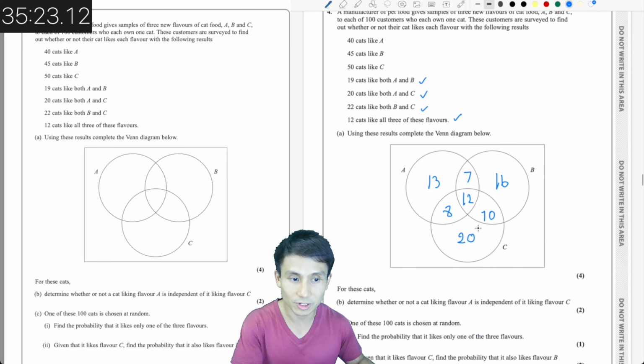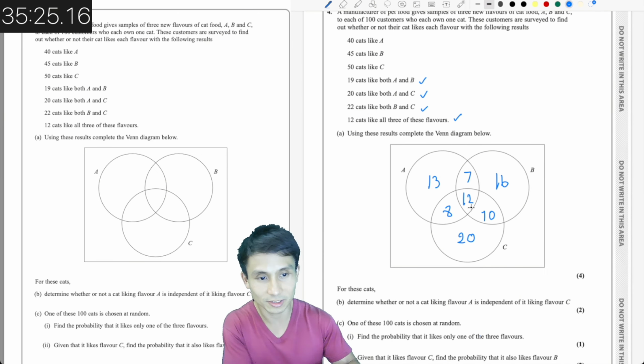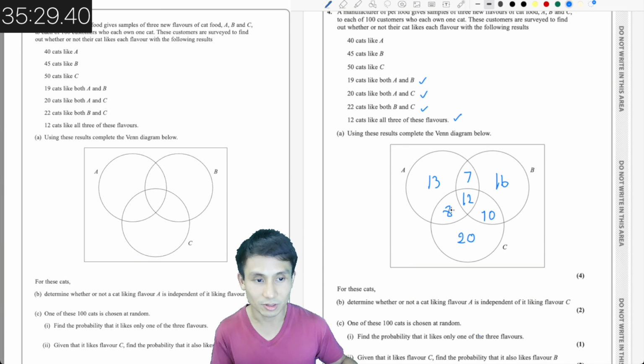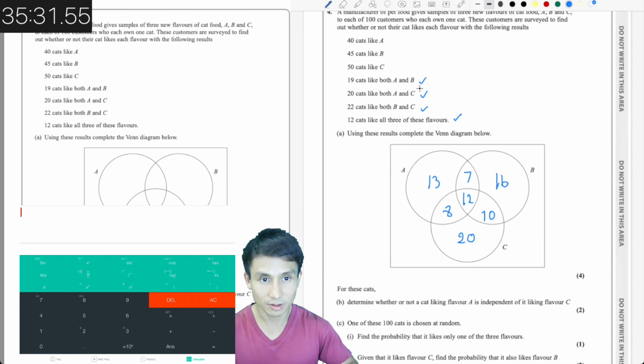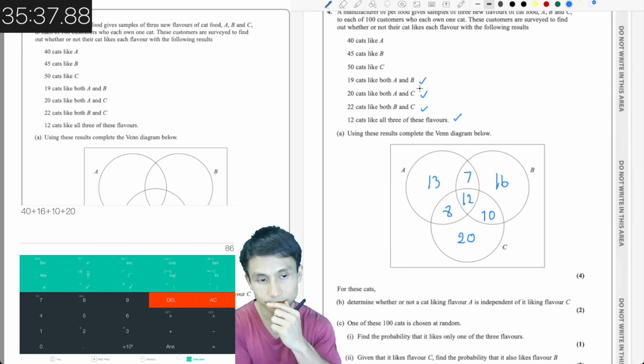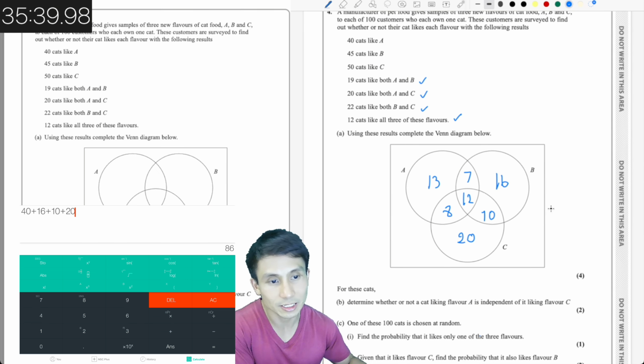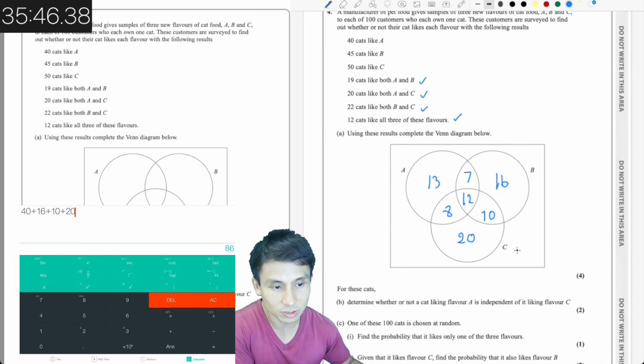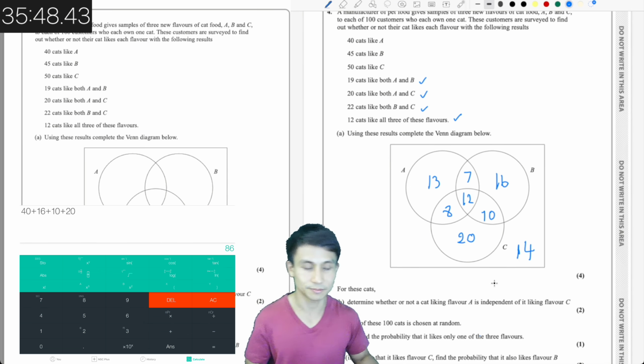They all add up to, wait, hang on. I forgot to make sure that this, let's see. Yeah, okay, so let's do A 40, just checking, plus 16 plus 10 plus 20. That is 86, so this must be 14. Almost forgot that. Okay.